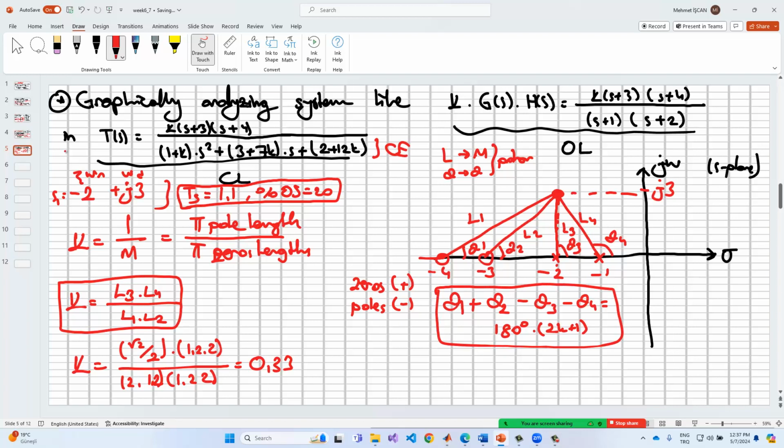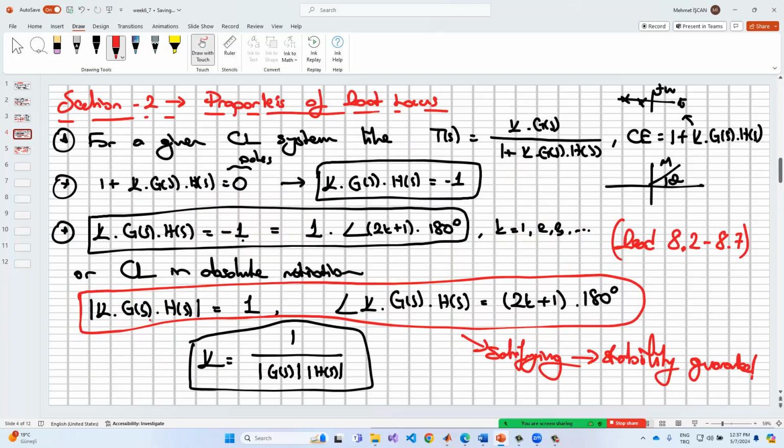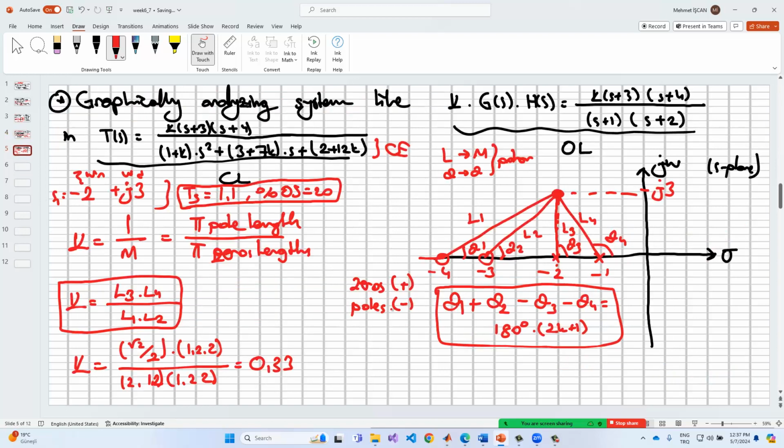This is the first condition. It is coming from these terms. The absolute values of these terms represent the polar coordinate amplitude. The K, G(s), H(s) angles can be created from the zeros and the poles. Okay? Just see that. But in every case, we cannot set this characteristic equation.